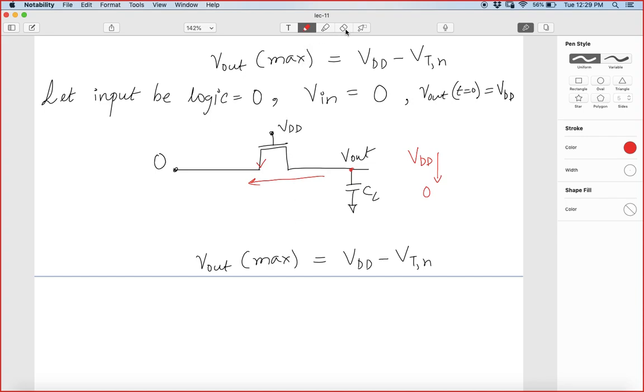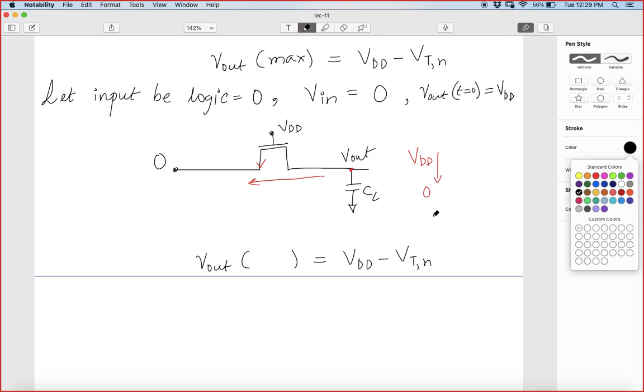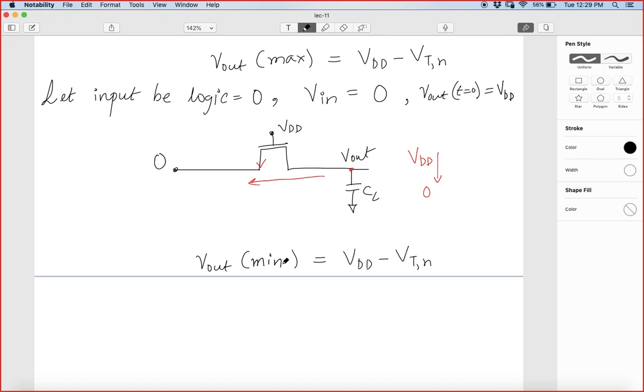So the minimum voltage it can go here is 0 volt.